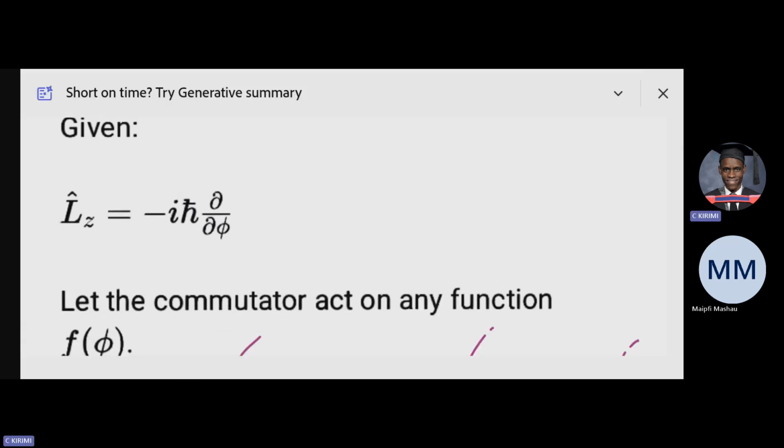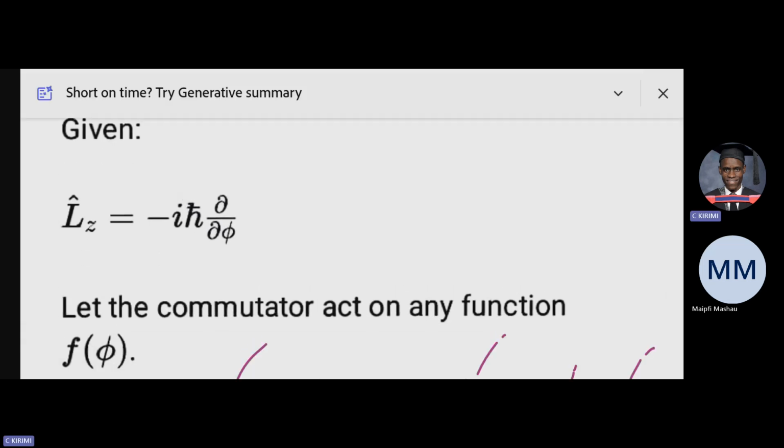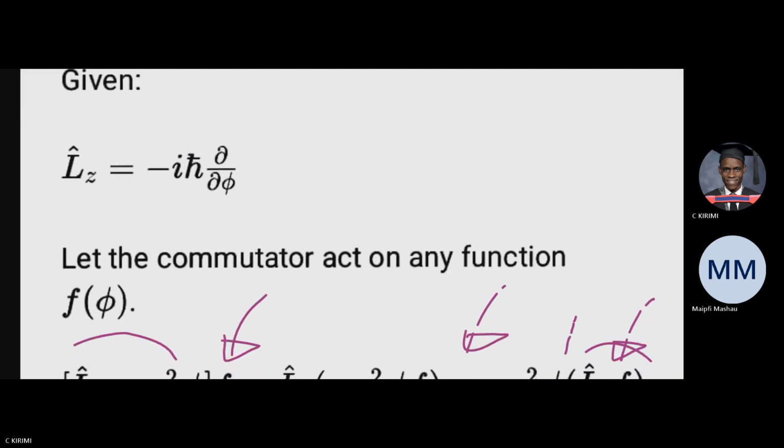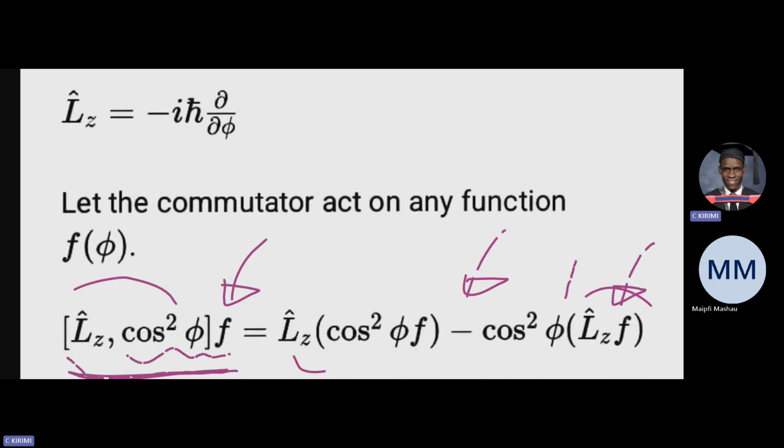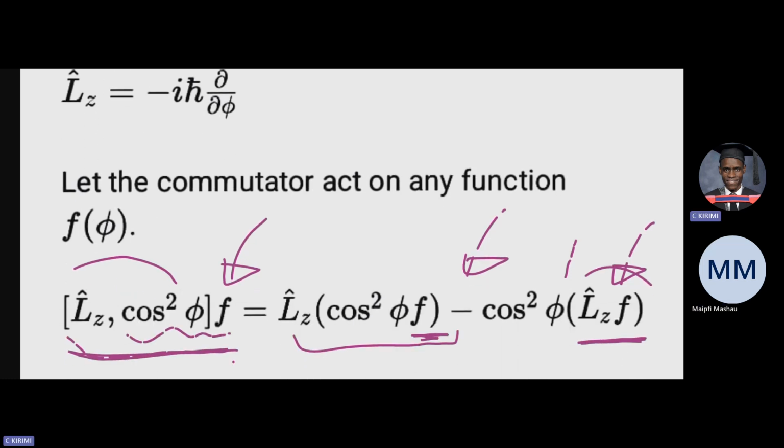But when you use partial phi, you must have that function, which is in terms of phi. That's why we had to let that function be a function of phi, because you can't use partial phi when there is no function in terms of phi. So that's why we add an f in front of that commutation relation.